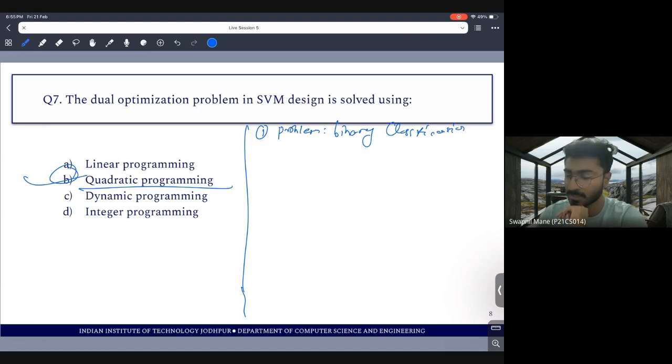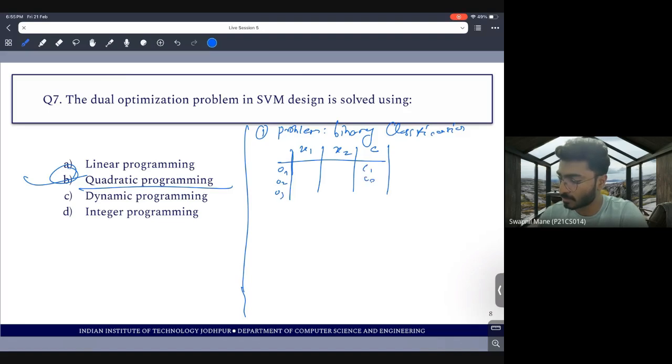Binary classification means you have two features, x1 and x2, and a correct class. So this is object 1, object 2, object 3. This one belongs to class 1, object 2 belongs to class 2, this belongs to class 1, likewise. Only two classes are there, class 1 and class 2.